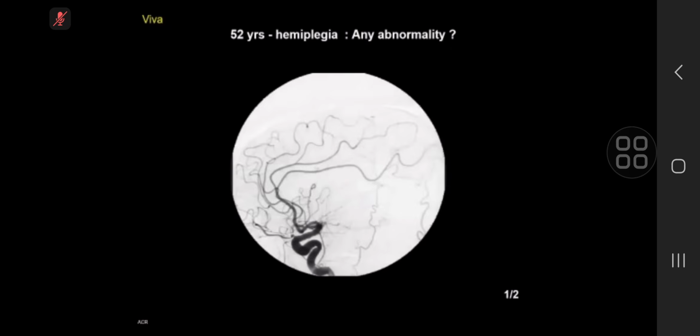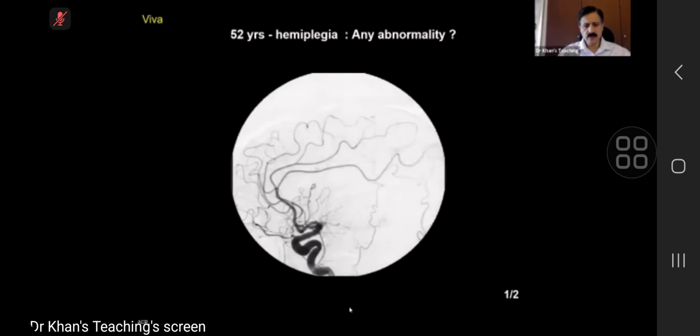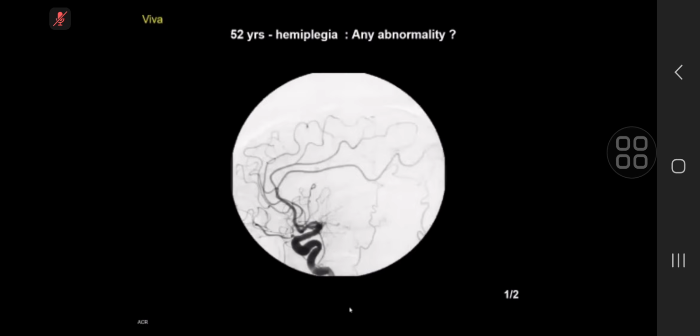On a broad look, I can't see any narrowing, and all main branches appear to be patent. So what is your conclusion? Normal DSA of this single ICA, but you'd need to look at the other side.